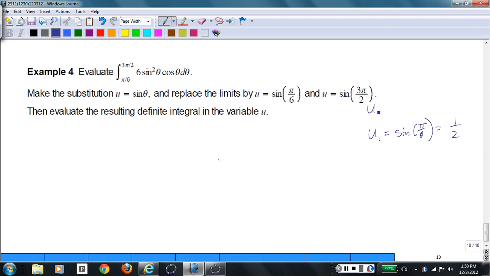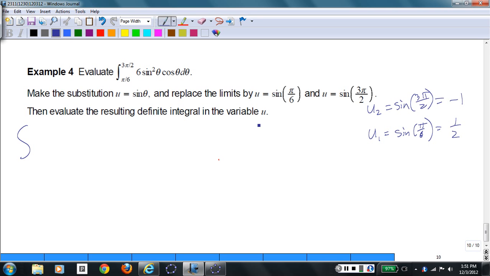And the upper limit, u sub 2, is going to be the sine of the upper limit, 3 pi over 2. 3 pi over 2, all the way down at the bottom, 270 degrees, is -1. So when we write this, we're going to use new limits. Let me see what the integral is going to look like.